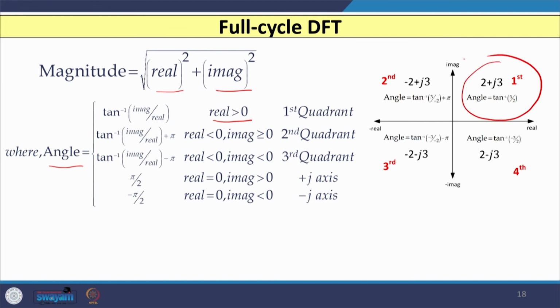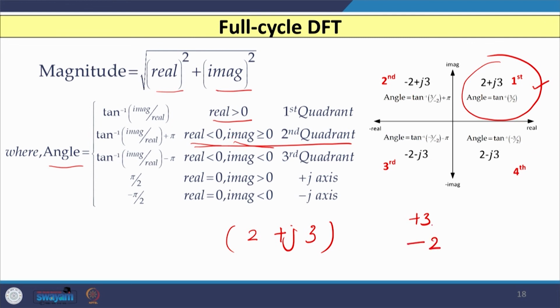For example, if I consider the real value is 2 and the imaginary value is, let us say, 3, that angle falls in the first quadrant. But in the second case, when the real value is less than 0 and the imaginary value is greater than or equal to 0, let us say the imaginary value is plus 3 and the real value is minus 2.